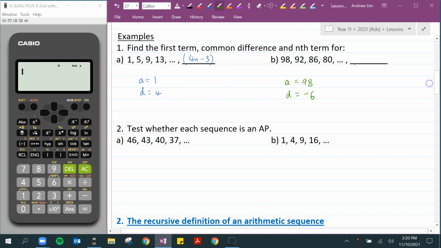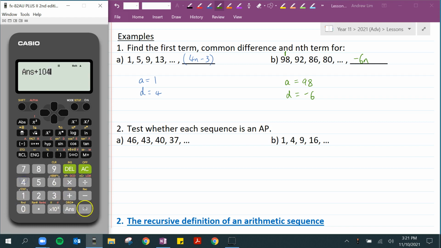So that means because the common difference is minus 6, we're going to have minus 6 in front of the n. And then let's see what we need to do to that. When n is 1, you have minus 6 times 1, which is minus 6. What do we need to do to it to get 98? Well, it looks like we need to add 104. If we add 104 to it, we'll get 98.